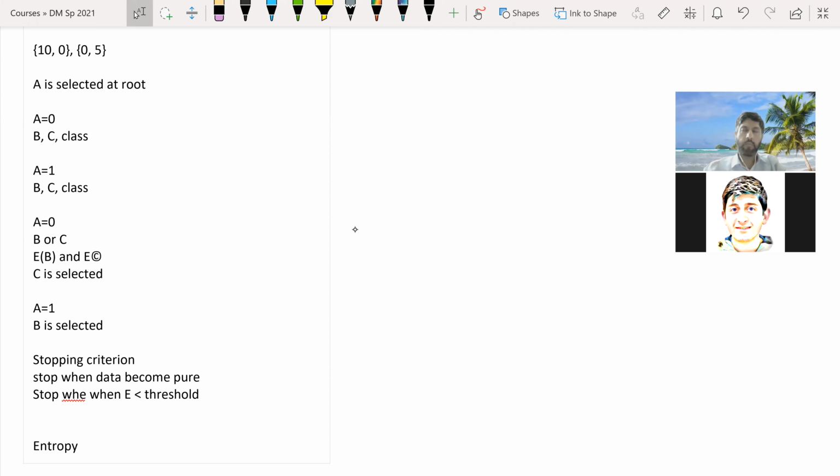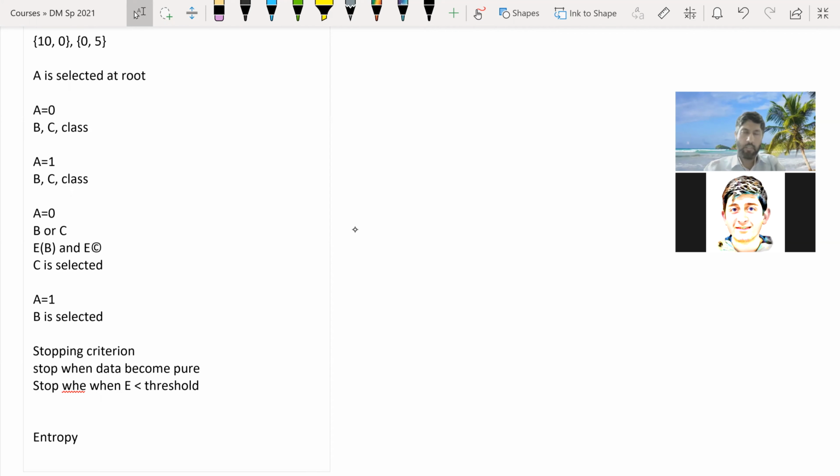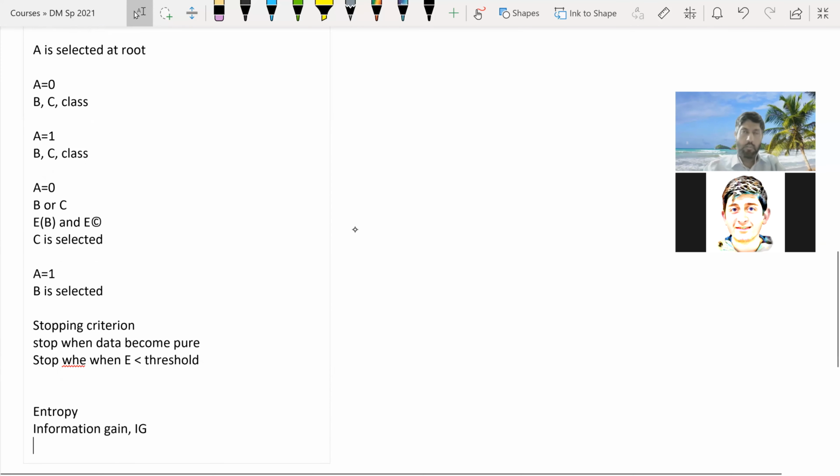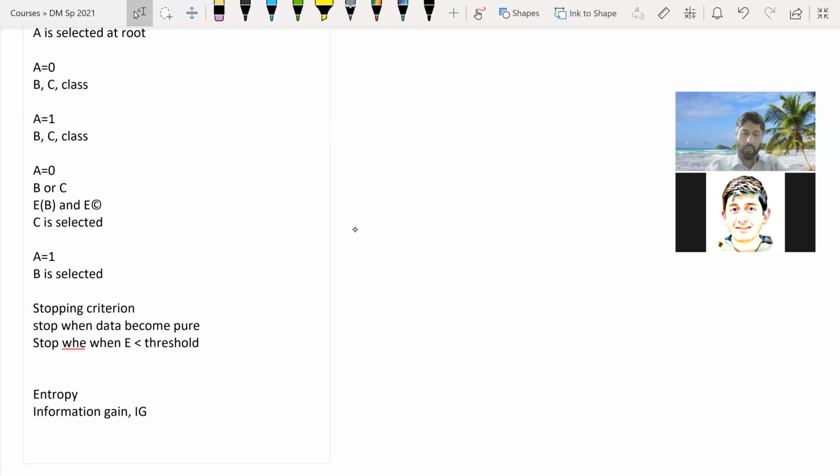Identical to entropy, but of course used in a different way, is what is known as information gain, or IG. This is actually identical to entropy. So what is an information gain?